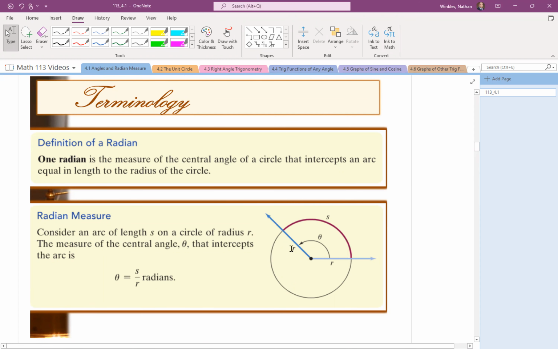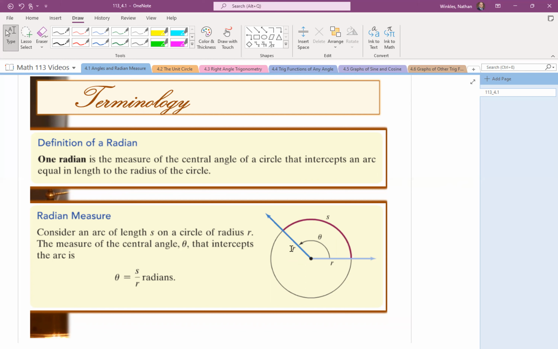At any point, we can be given angles in different measurements. We have two types of measurements that we consider. The first type is a degree, that we were just talking about. The other type is a radian measure. One radian is the measure of the central angle of a circle that intercepts an arc equal in length to the radius of the circle.